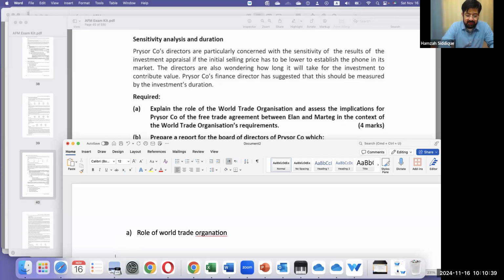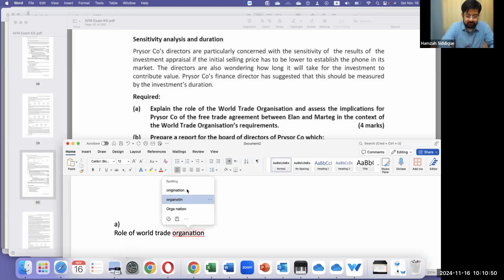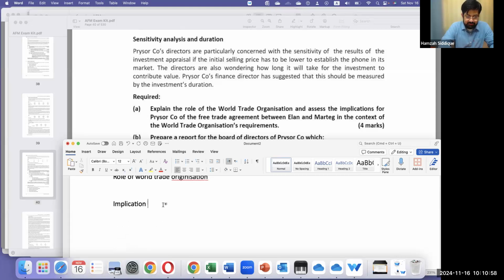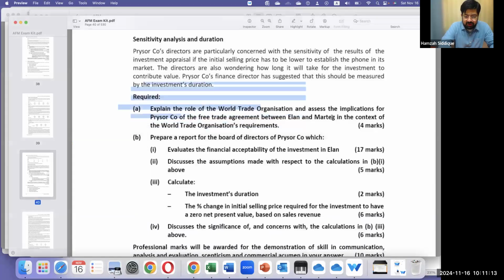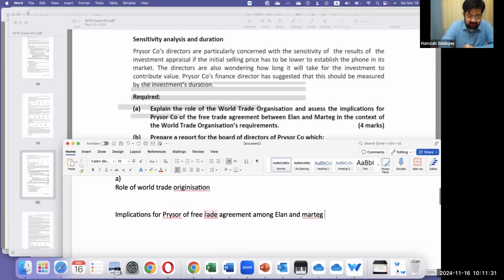And the second part is implications for Prysor of the free trade agreement among Elan and Martech. So these are the two requirements we have noted down.